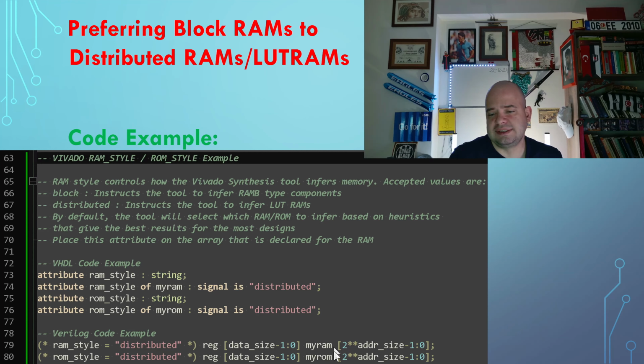Also the size is 2 to the power address size minus 1, sorry, down to 0. So if address size is, let's say, 10, then there will be 1024 different random access memory locations, where each RAM element size is 32 bits if data size is 32.